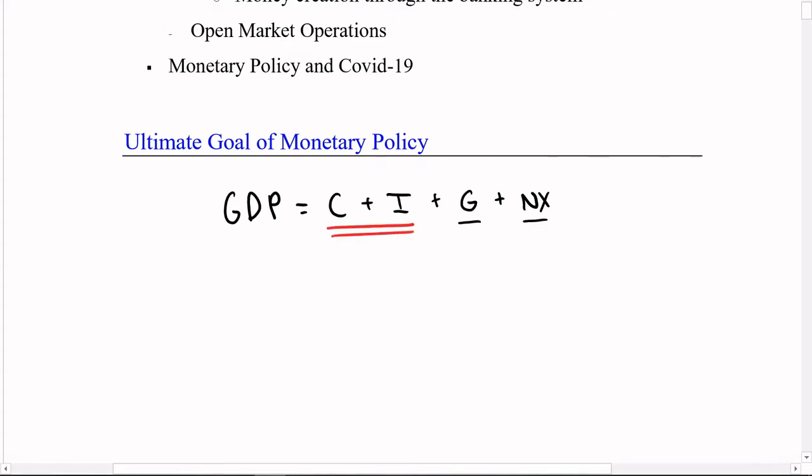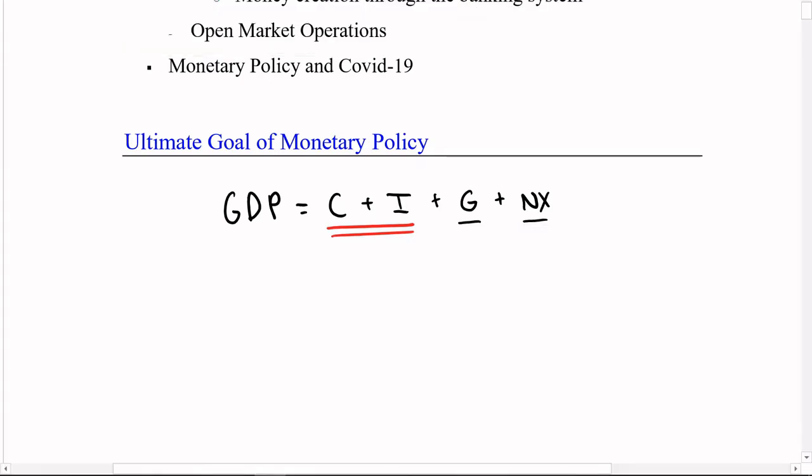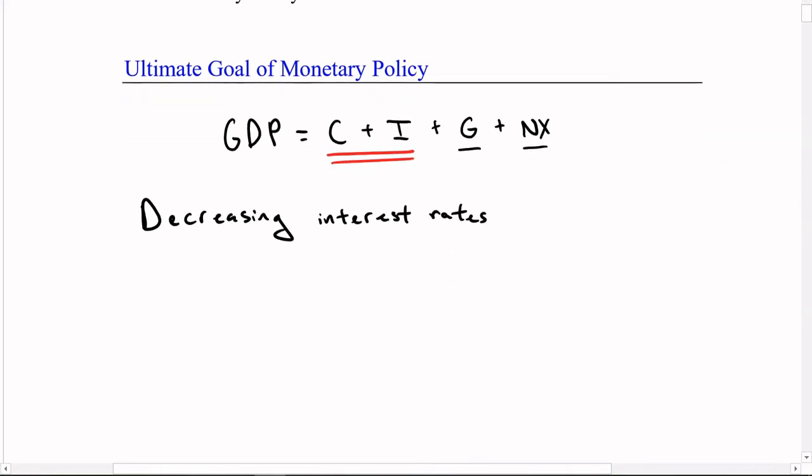But monetary policy here, this is really what monetary policy is going to be focusing on, trying to increase consumption and increase investment through decreasing interest rates. So monetary policy's ultimate goal is to decrease interest rates.